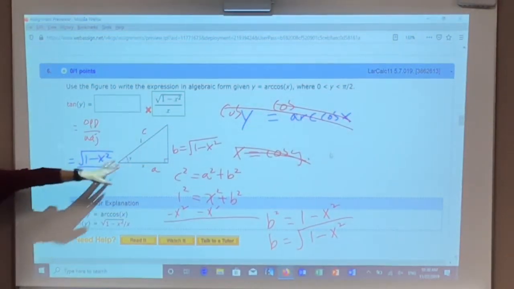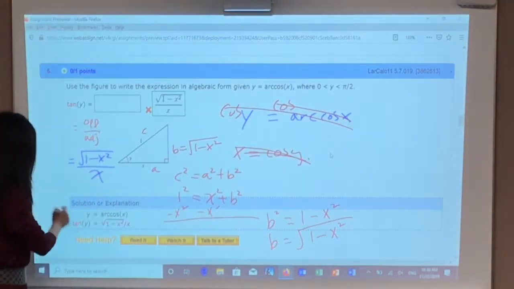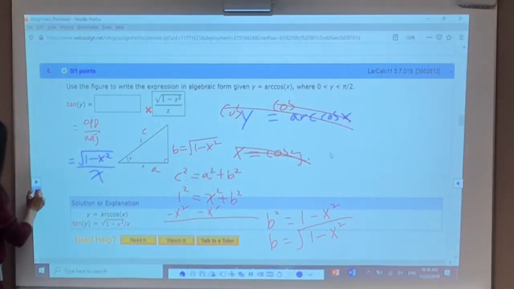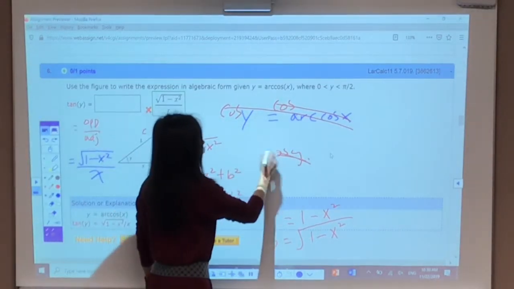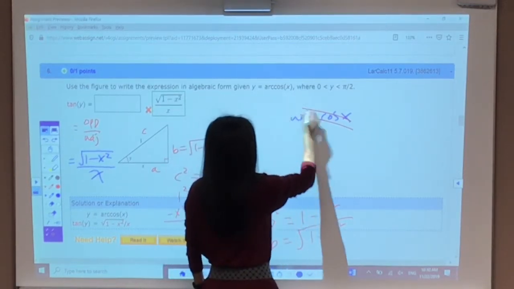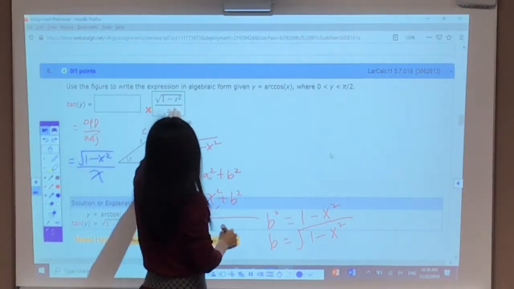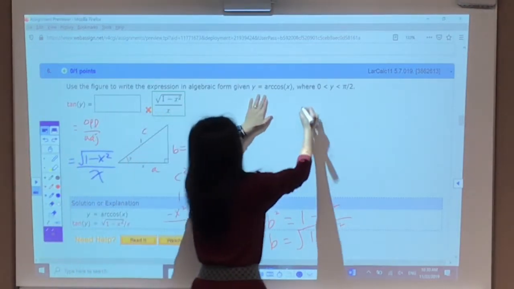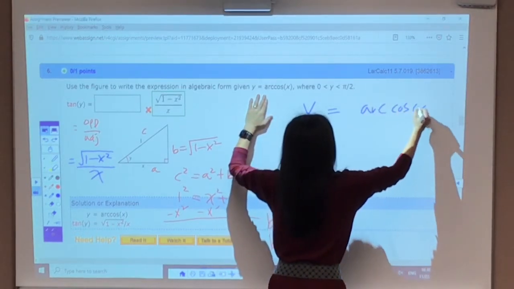All right, if they didn't give you this picture, then I need to use this. Is everybody with me? Okay. Let me show you. Say they didn't give me a picture. Because on your exam, if I do give you a problem, I will not give you a picture. So if I give you this problem without a picture, y is equal to arc cosine x.